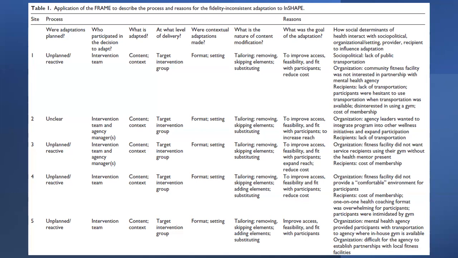And also, how are core components really identified? When I read this, I don't know enough about the intervention within the context of a few short pages, but it didn't really read to me as an adaptation that was fidelity inconsistent. And if you looked at this through a form and function lens, would you come to a different conclusion? I'm just throwing a lot of things out there, but I'd be curious to hear what others think about that.